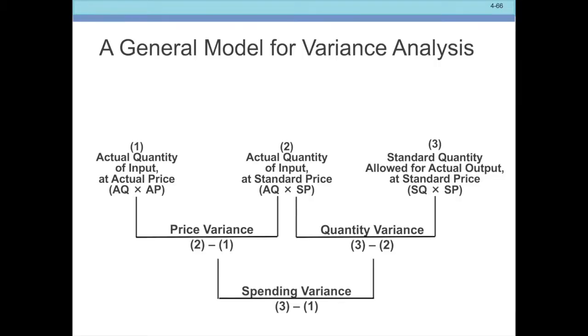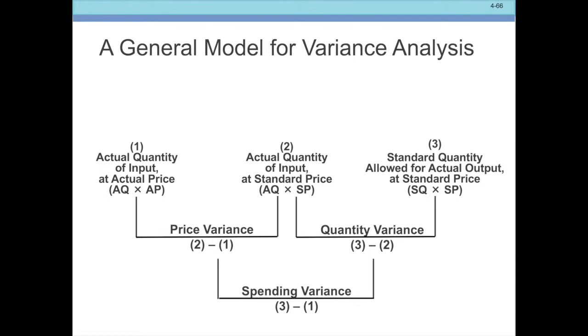So when we look at this model, the top 3 numbers, number 1, 2, and 3, are actual quantity times actual price, actual quantity times standard price, and number 3 is standard quantity at standard price. Another way to look at that is if I break it down a little further, you can see that actual quantity is in number 1 and number 2, and then standard quantity is in number 3.